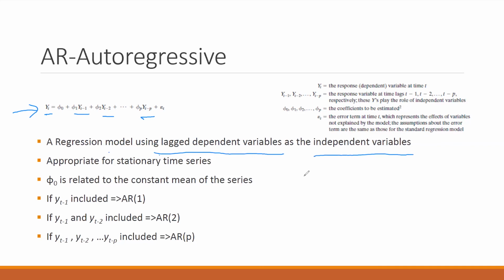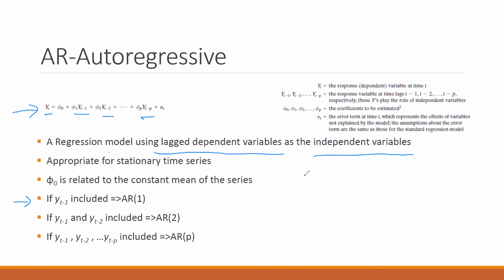If we believe there's autocorrelation at lag 1, then we're gonna use AR1, which means we only include the value in the prior period. If we have autocorrelation at lag 2, that means values 2 periods prior is correlated with values in the current period.